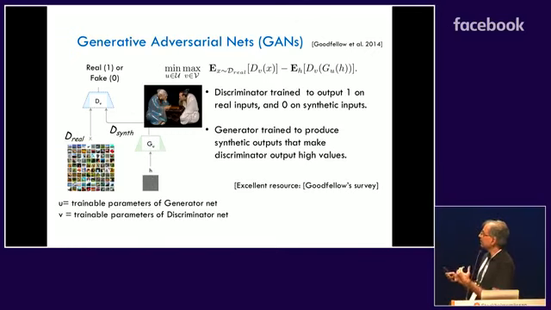They have these competing goals, and it can be seen as a two-person game where the objective is something like the expected output of the discriminator on real images minus the expected output of the discriminator on synthetic images. The discriminator is trying to make this as large as possible, and the generator is trying to make this as small as possible.